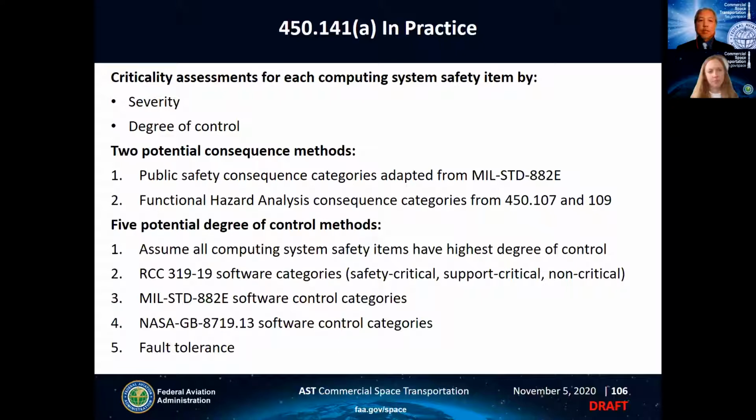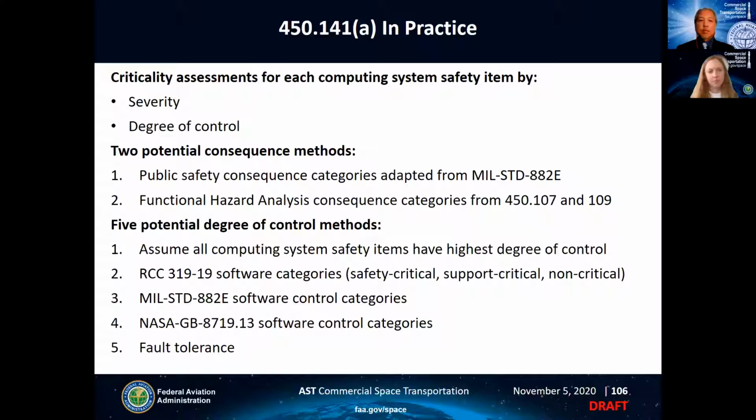In the advisory circular, we lay out two potential methods for identifying the severity or consequence, which are the public safety consequence categories adapted from MIL Standard 882E, or the functional hazard analysis consequence categories that would be defined in analyses from 450, 107, and 109. For degree of control, there's more opportunity for innovation.